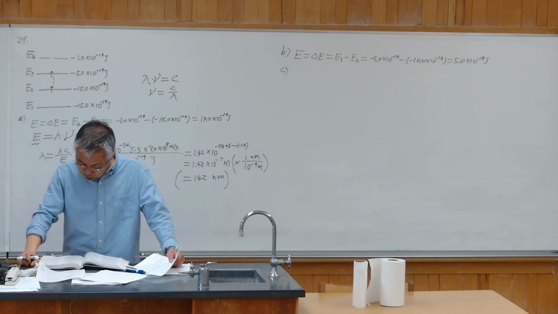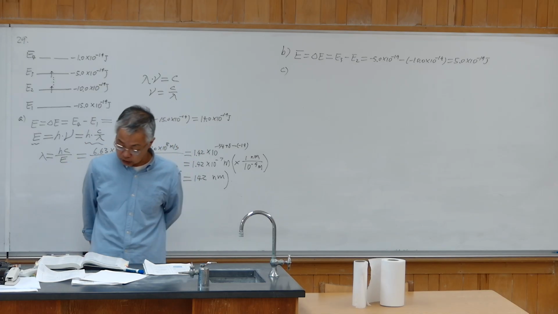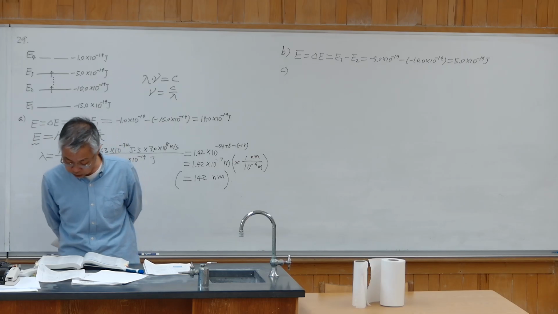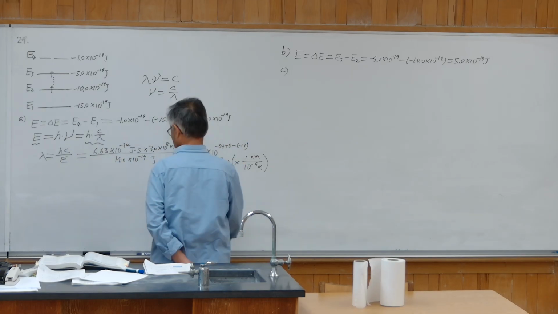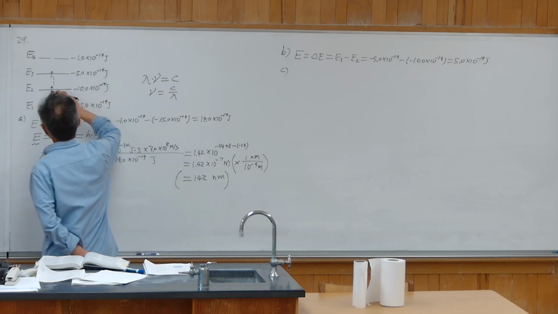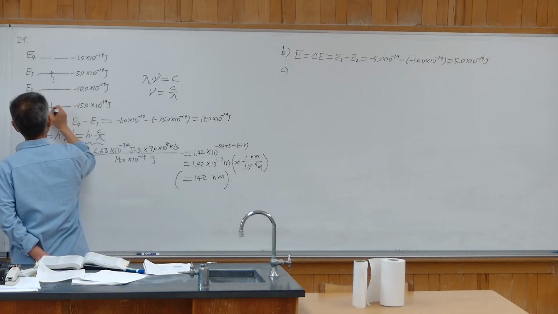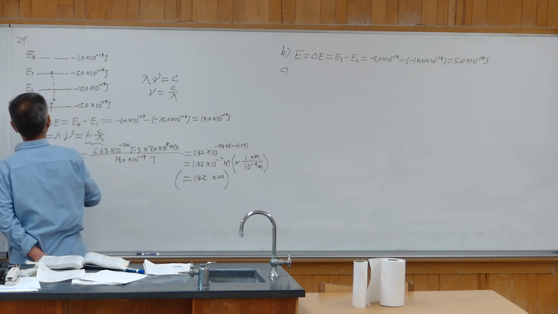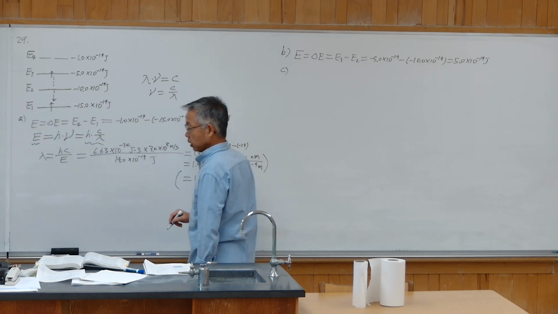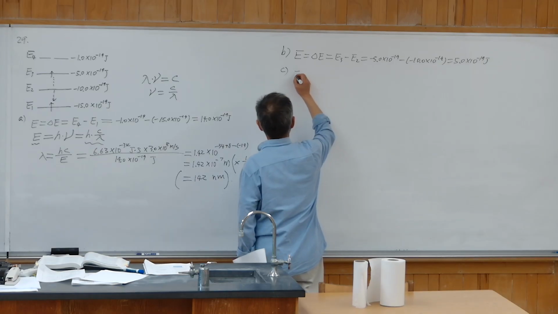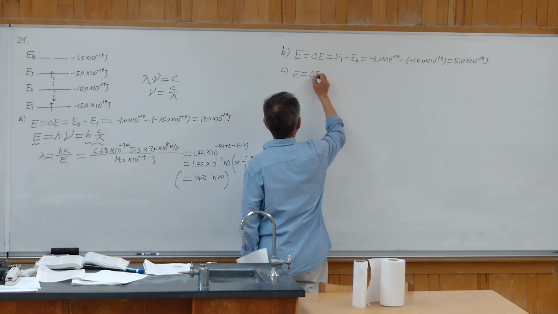When an electron drops from E3 level to E1 level, the atom is said to undergo emission. Calculate the wavelength of the photon emitted in this process. So this time, the electron drops from E3 to E1 level. First of all, we can calculate the energy that will be emitted. So energy equals the energy difference.